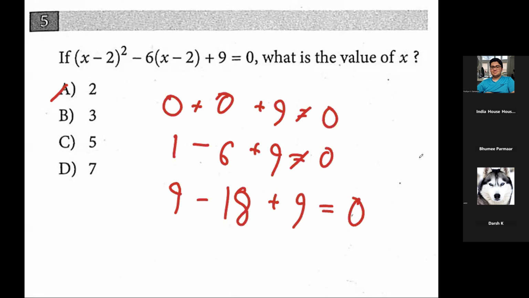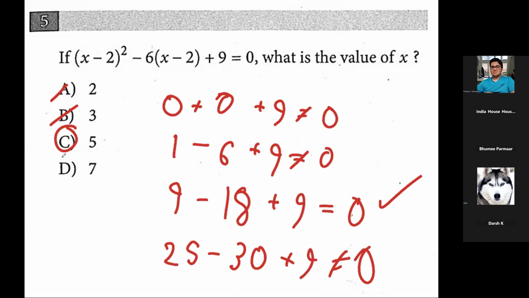That is correct. So the correct answer is choice C. And let's just try plugging in D. 7 minus 2 is 5 squared is 25, minus 7 minus 2 is 5, 6 times 5 is 30, plus 9 is not equal to 0. So the correct answer is choice C.